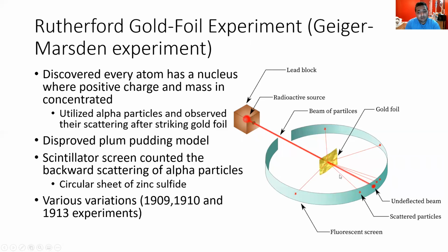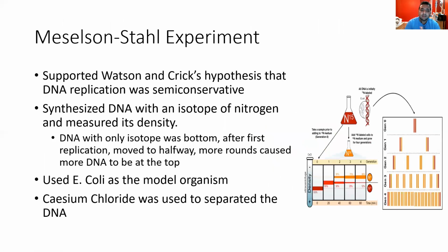Gold foil, knowing that this is actually gold foil, it will be a very, very late level clue for gold as an answer. Geiger-Marsden experiment might come up as a bonus question, might show up early for a toss-up, things like that. Oh, they used a lead block, mainly because lead is not very susceptible to radiation.